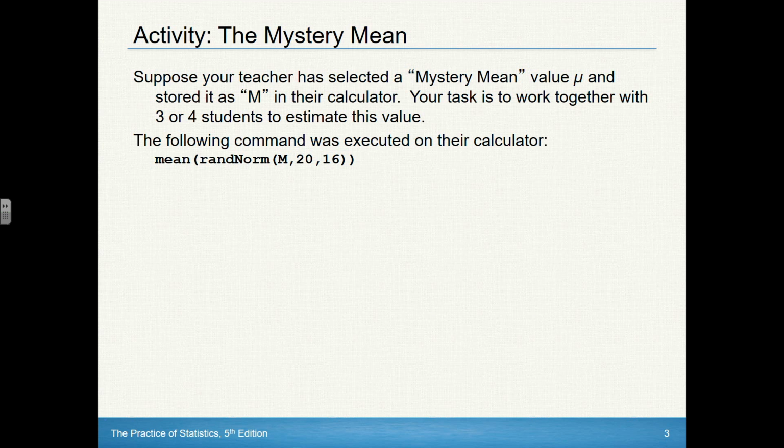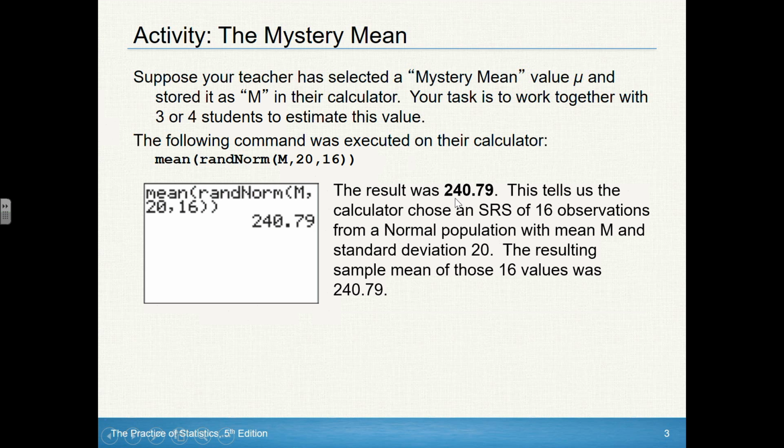If I stored that m into your calculator and then you ran this calculator function where you found the mean of a randNorm, okay, so that's a distribution that is normally distributed with mean m with standard deviation 20, and you collected 16 of those numbers. And when you ran that, you end up getting a mean of 240.79. Now again, keeping in mind that that is 16 observations with the mean m and standard deviation 20.